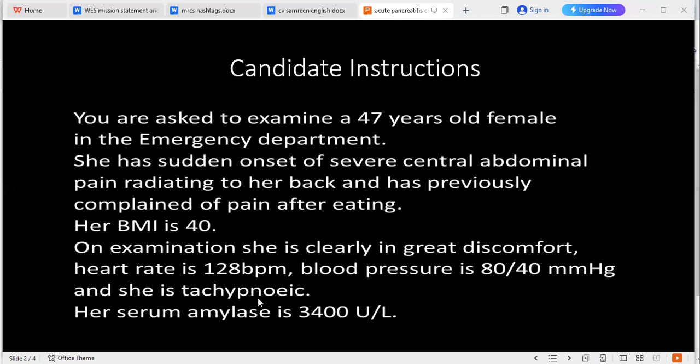ARDS was correct, with VQ mismatch. And it can be pancreatic effusion also. Please tell me, if you fail to manage this patient, what complications could you expect?